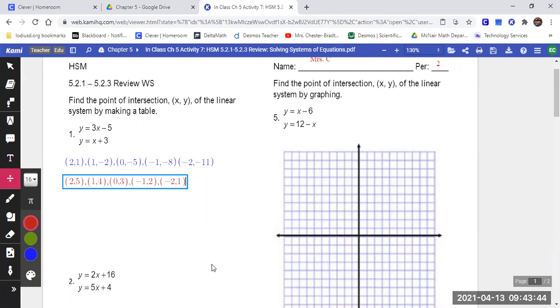Do you see that each list has the same coordinate anywhere yet? They both have a 0, 3. They both have a -1, -8. Do we see that happening yet? Yes or no? Do we see that they have the same pair in both lists?